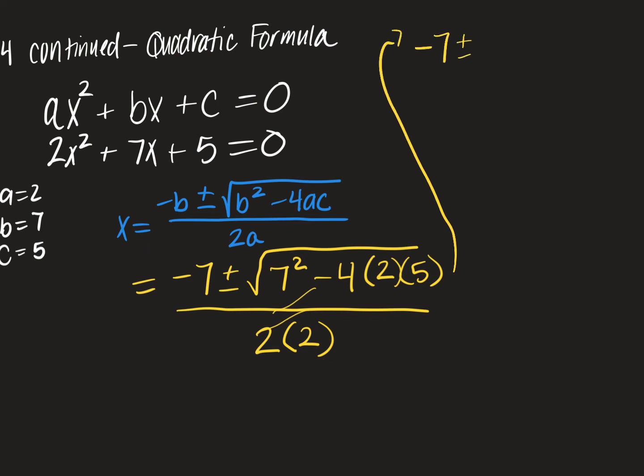That's all right. So 7 squared is what? 7 times 7, 49. And then 4 times 2 is 8 times 5 is 40.